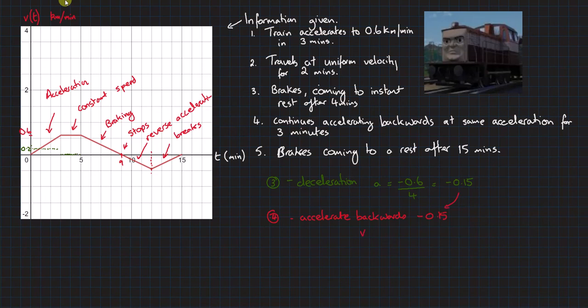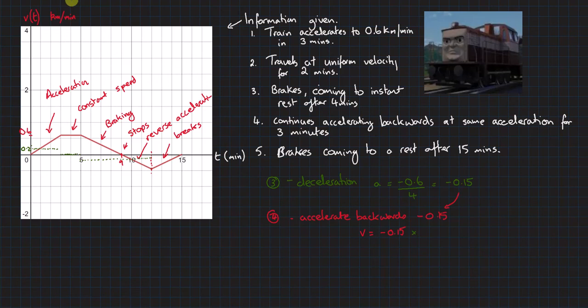So the V at that point is going to be minus 0.15. So all of this part in green here should be minus 0.15 all the way through, and then times 3.